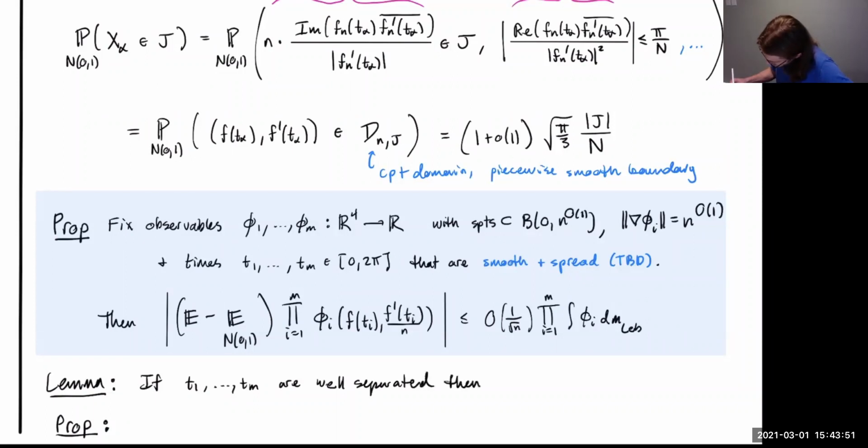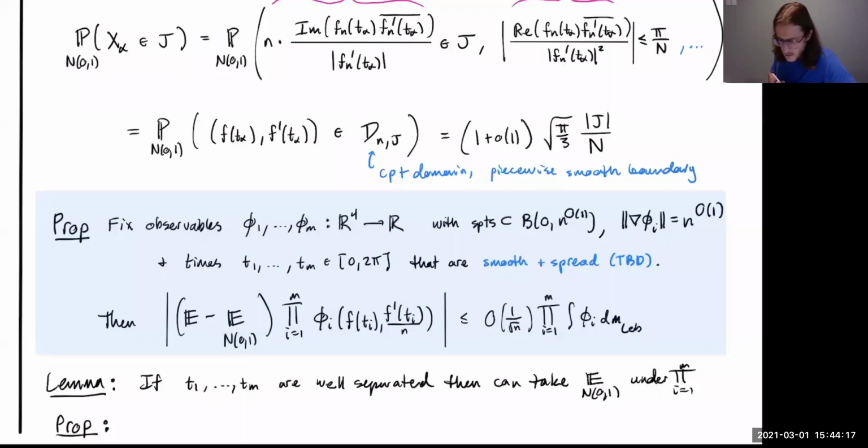then we can take the Gaussian expectation under the product in this expression here. The Gaussian expectation of this product factorizes. This is just saying that the particle is behaving independently once the times are sufficiently separated.